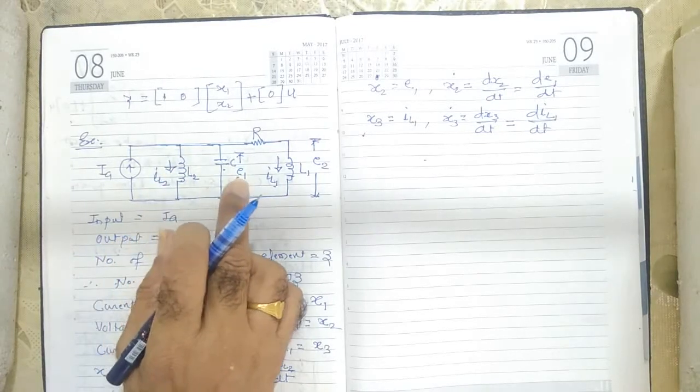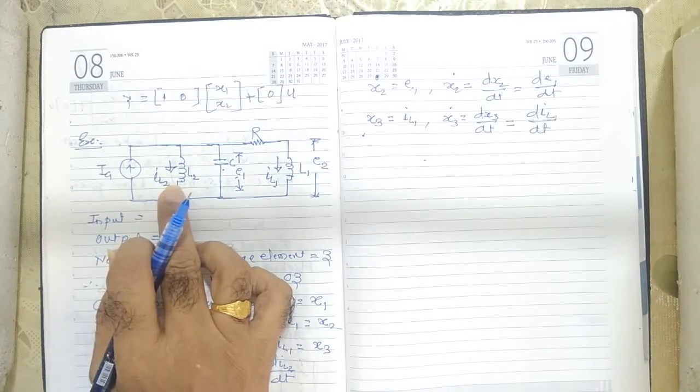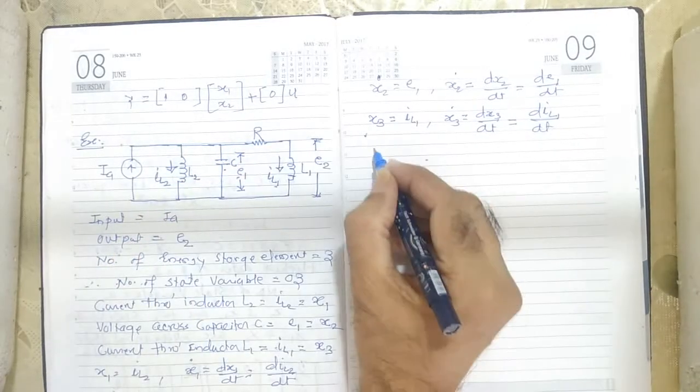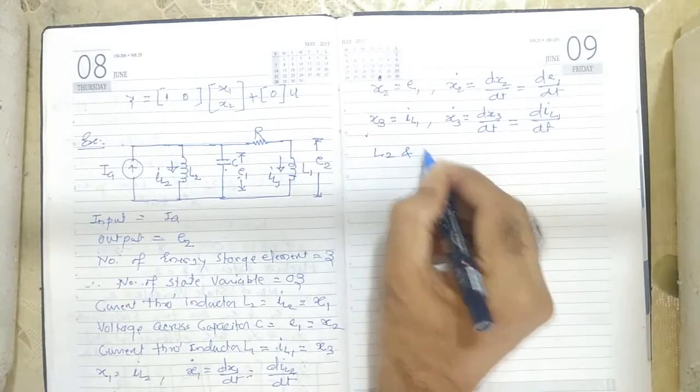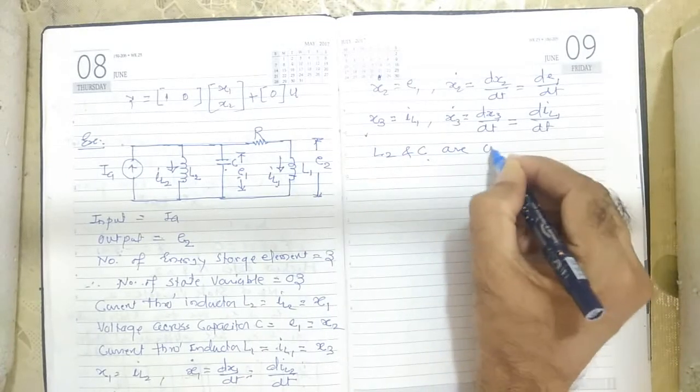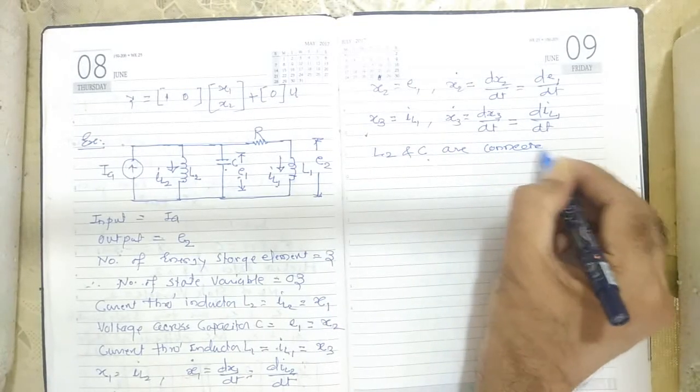So the voltage across the capacitor is nothing but the voltage across the inductor L2, as L2 and C are connected in parallel.